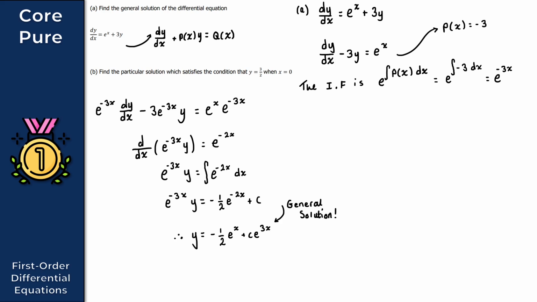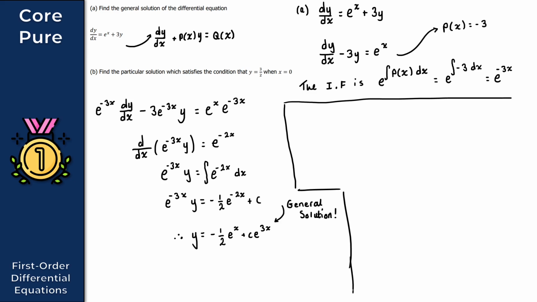So to finish with here, then let's just have a go at part B, where we want to find the particular solution which satisfies the condition that y equals 3/2 when x equals 0. So before we do anything else here, let me just quickly box off my answer to part A, just to make things a little bit easier to see. Okay. So apologies, by the way, I do appreciate that my layout isn't the neatest, but hopefully you can follow along.